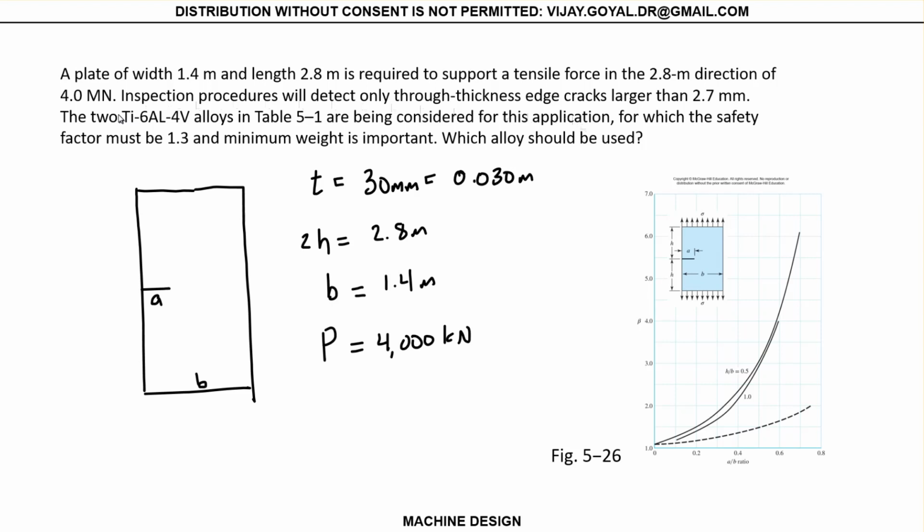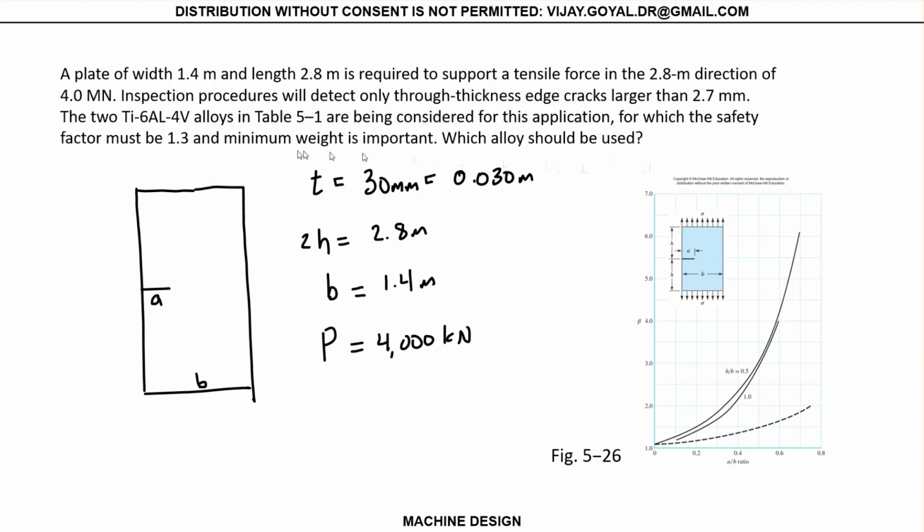The whole idea here is it supports a tensile load of 4 meganewtons. And throughout the inspections, we want to make sure that we can have a crack, but no larger than 2.7 millimeters. So the question is, given two alloys from table 5.1, they're considering this application, which one should we use?